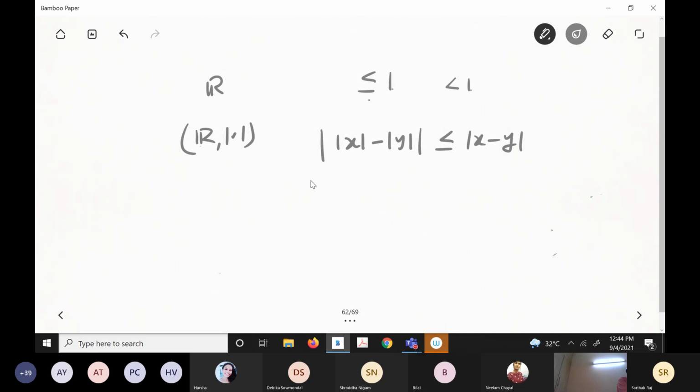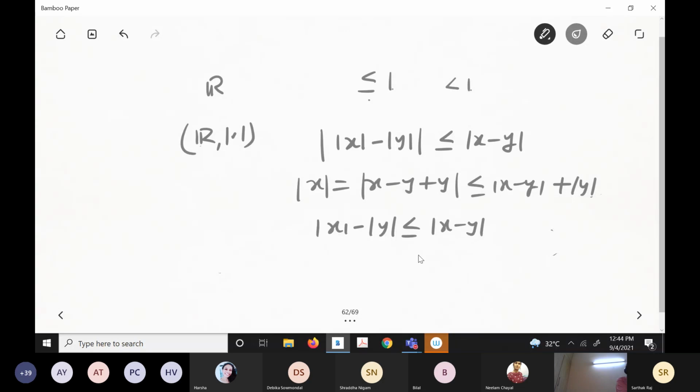You write x as x minus y plus y, then use the triangle inequality.